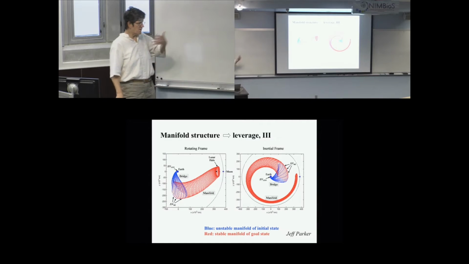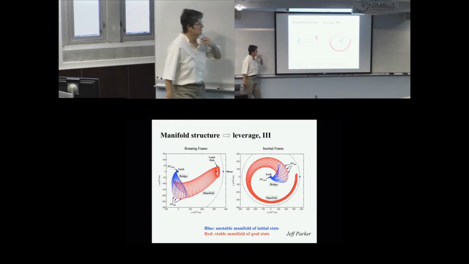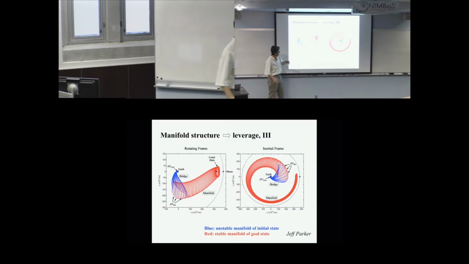This is another guy, he wasn't my student, but he did this in my class and then for his thesis. If you're thinking about the state space, you can actually think about the surface that's dynamically downhill in that funny state space from where you are. And if you can find the surface that's downhill from where you are, and the surface that's uphill from where you want to be, and you can find an intersection, then you can get there for free.